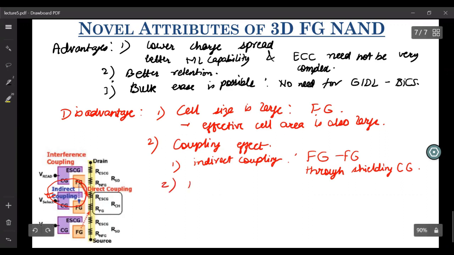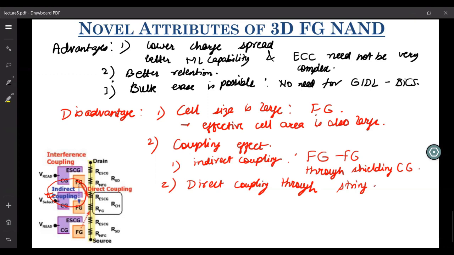But there is something called direct coupling through the string itself. That kind of coupling, which is through the string, is where your floating gate couples through the string to this floating gate, or couples through the string to that floating gate. This kind of coupling is really difficult to avoid.